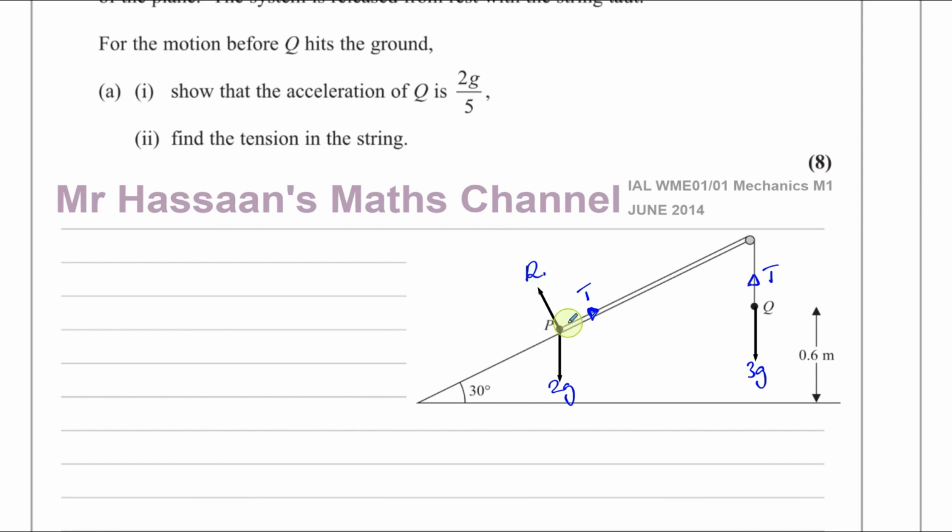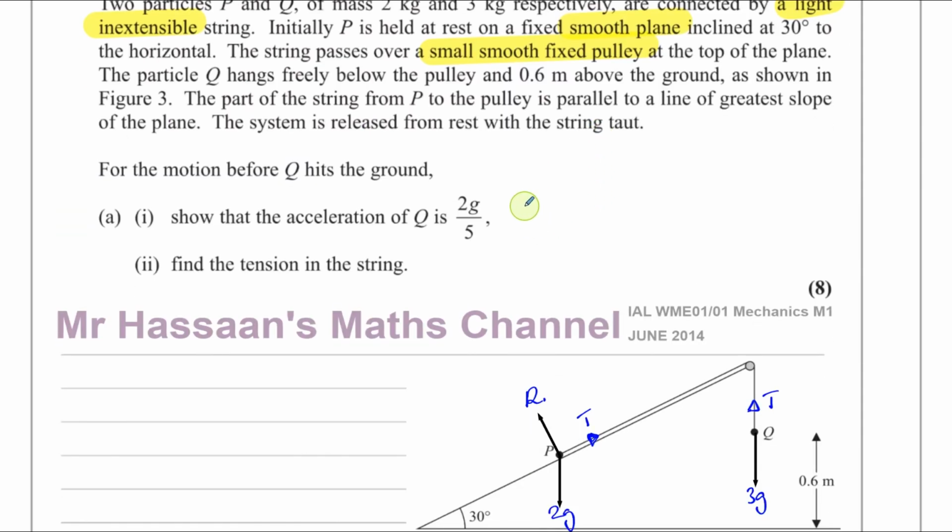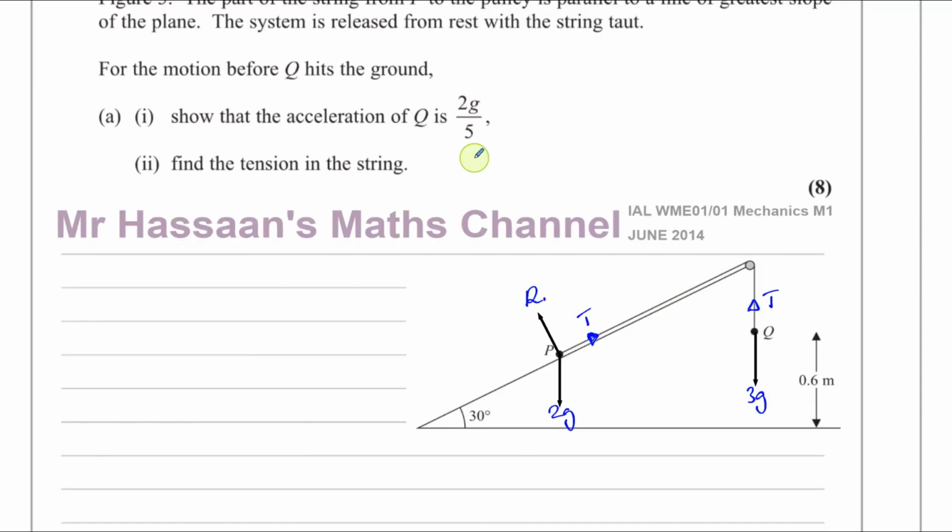So friction would act down the slope, right? And Q is what's going to fall down, as I mentioned in the question. So the tension would be acting up the slope, the friction would be acting down the slope, but there's no friction. So we don't have to consider that, of course.